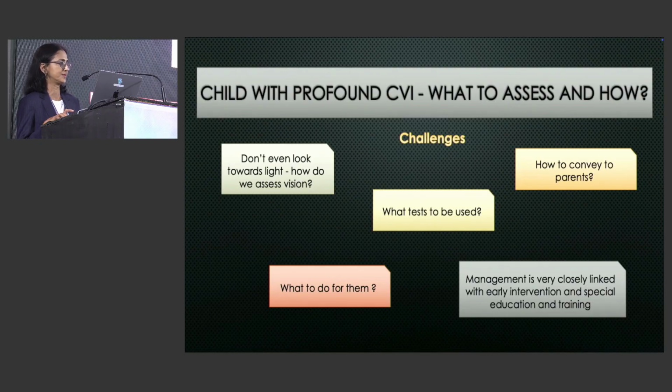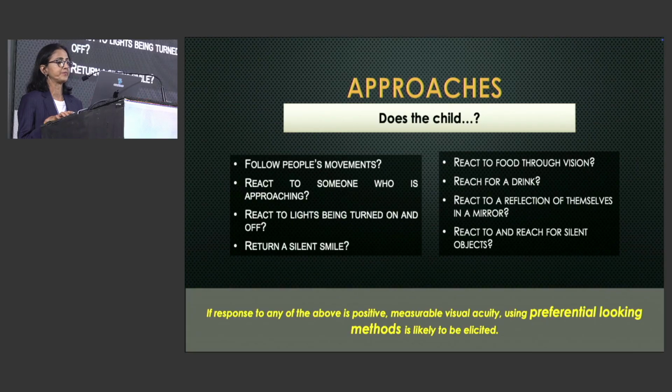So how to assess the vision? What tests to be done? And even if you test all these things, you get some inferences. How are you going to convey to the parents in a language which they can understand? And finally, what can you do for them? Because the management is very closely linked with early intervention and special education and training.